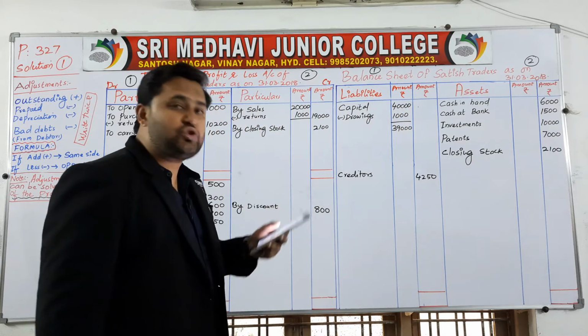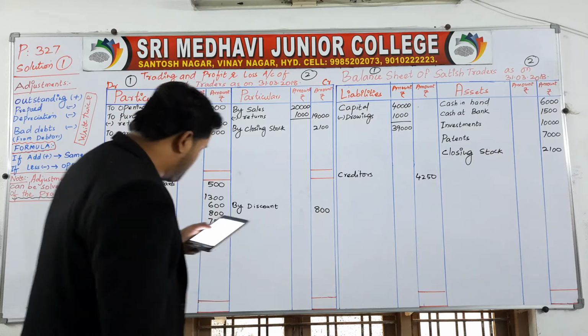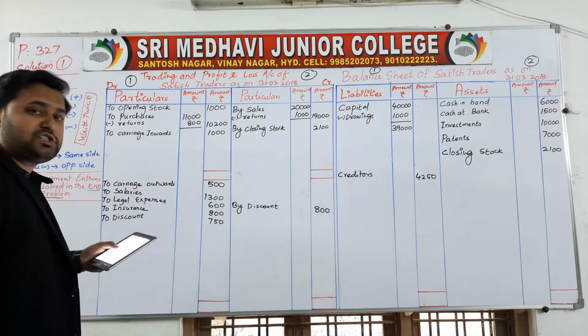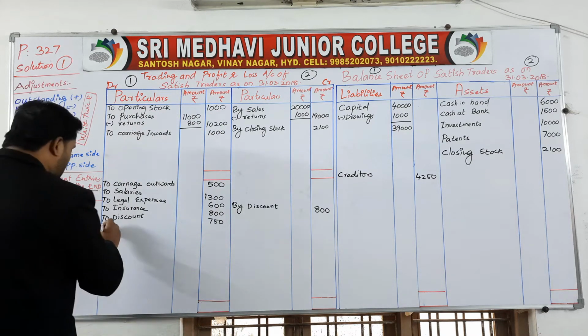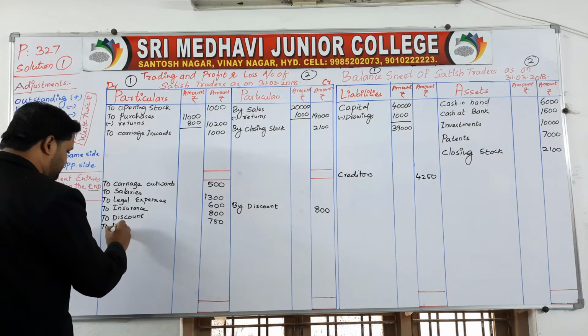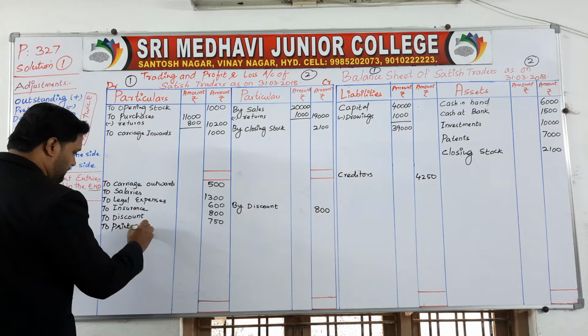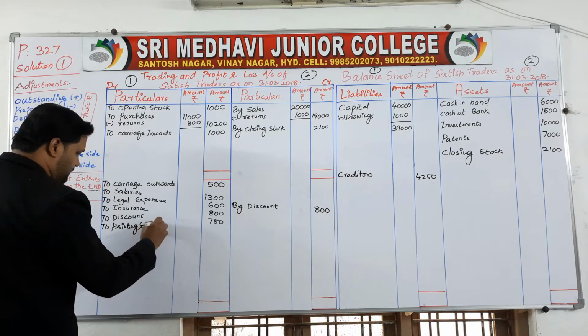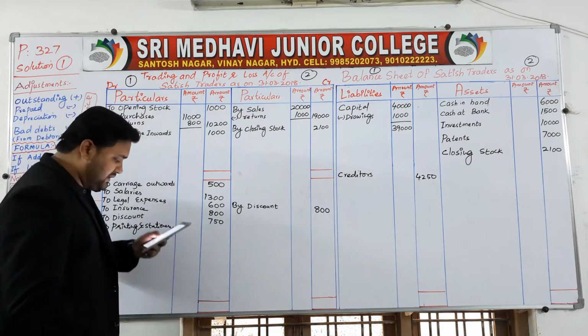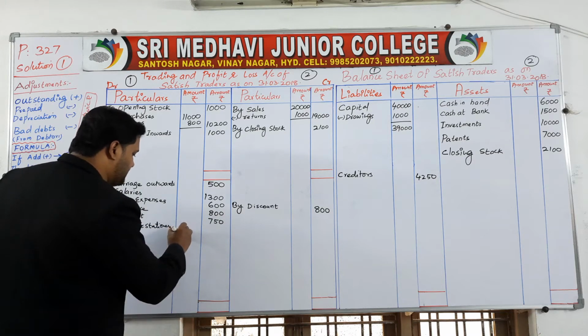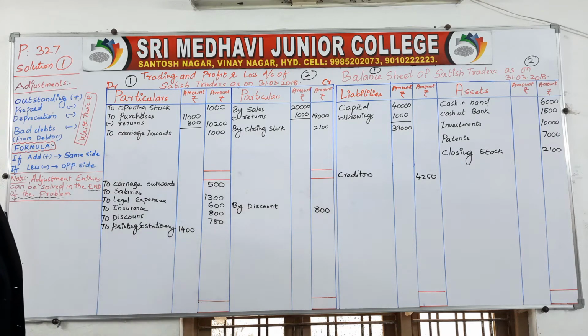Next one is outstanding stationery. First of all we have to write printing and stationery given in the trial balance. How much amount? 1,400 rupees is given in the trial balance.